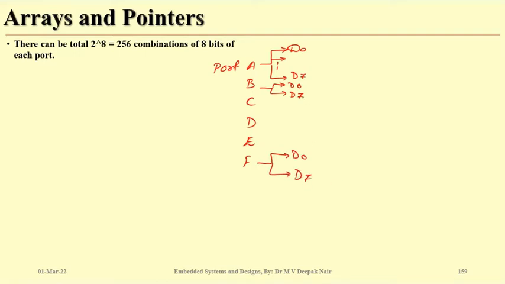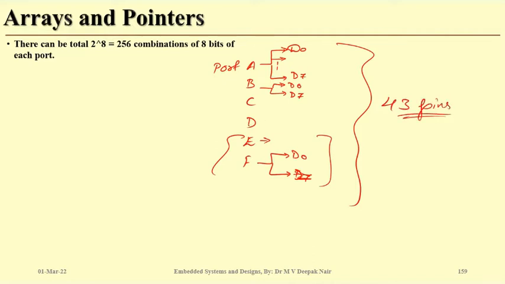So that means, sorry, I'm not sure whether they have D0 to D7. All the pins are not available with port E and F. Port E and F do not have all the pins from D0 to D7, because in total there are 43 pins available for us.